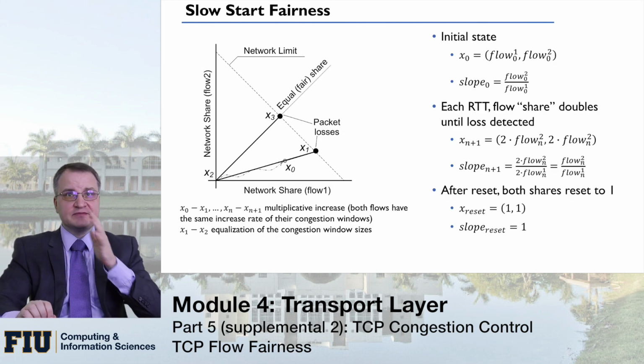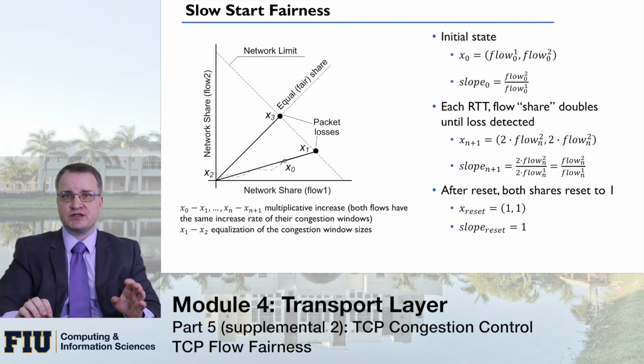I want to show you two diagrams, one for the basic slow start and one for congestion avoidance. It's a simple proof that both the slow start and congestion avoidance phases, as defined for Reno, New Reno and several others, are fair to each other.